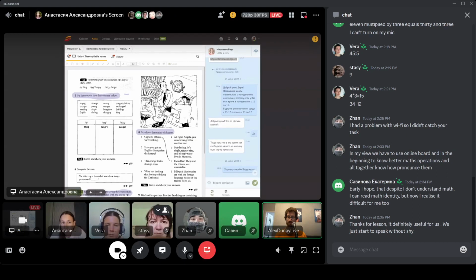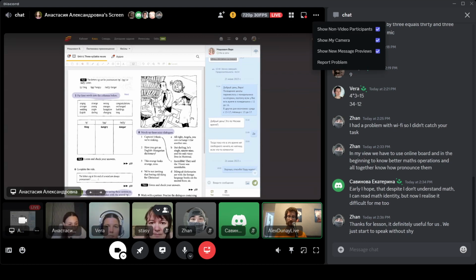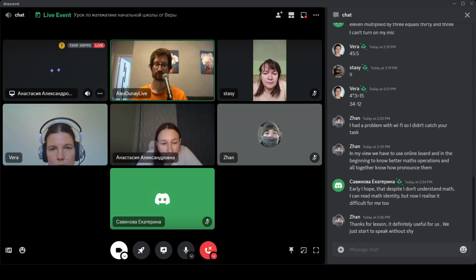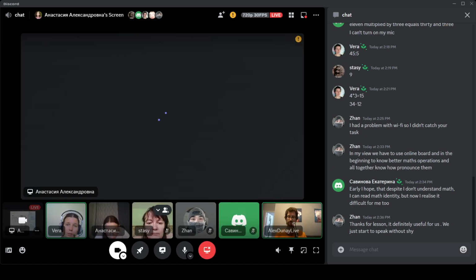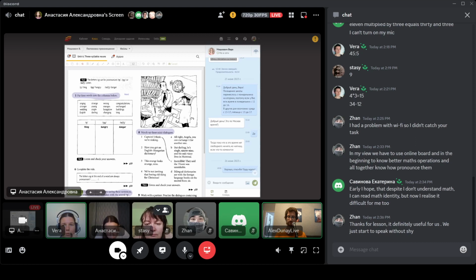Yeah, so let's have a look at what we can do. Maybe somebody knows if a person who shares his screen can write on it inside of Discord, or he or she has to use a third-party app. I don't know, but I think that there are no tools for it.